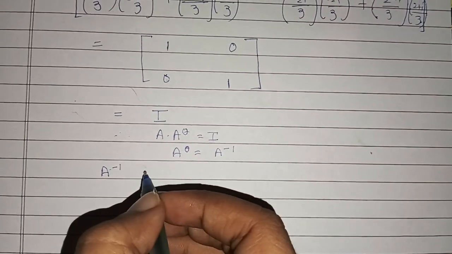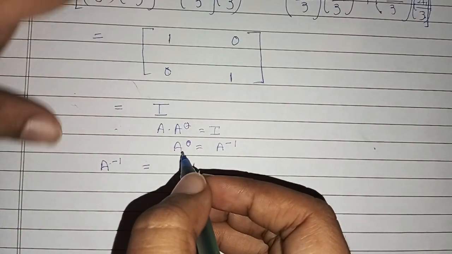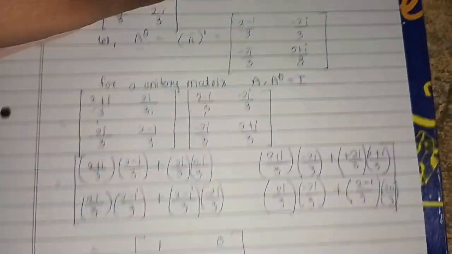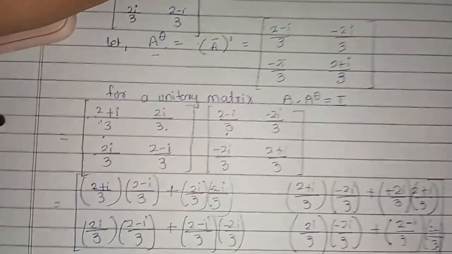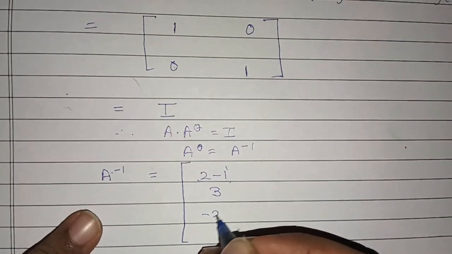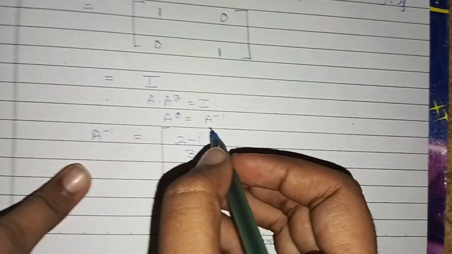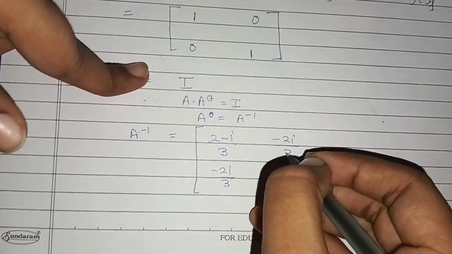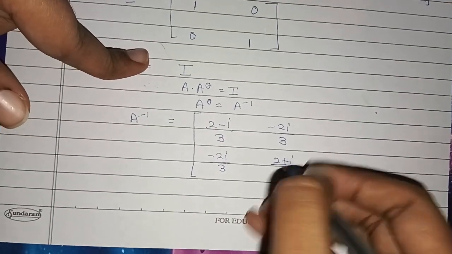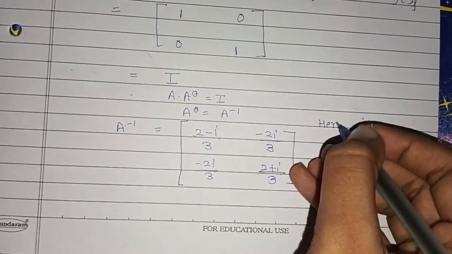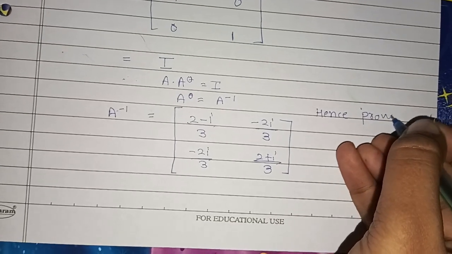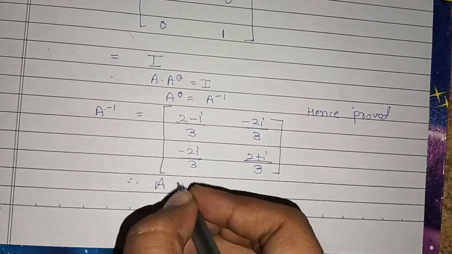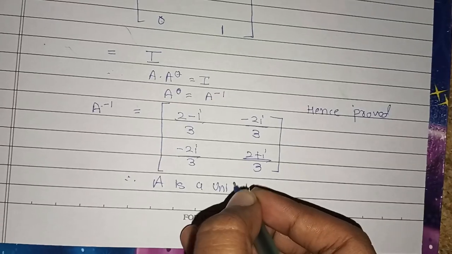If they ask you to find the value of A inverse, you can directly say that it is our A theta, which we calculated above. So simply copy it, 2 minus i by 3, minus 2 by 3, because A theta is equal to A inverse if it is a unitary matrix, not for every case. And now here you write: hence proved, A is a unitary matrix.